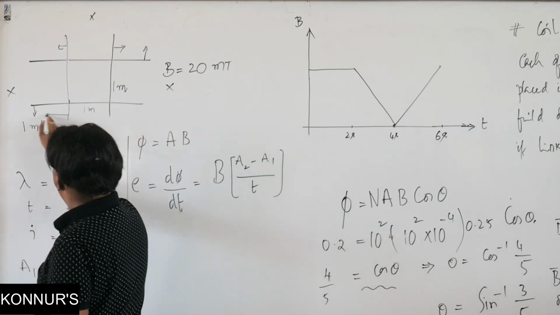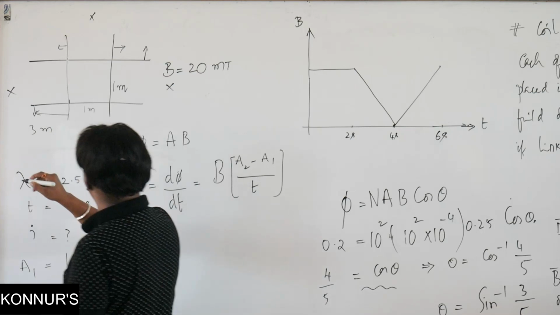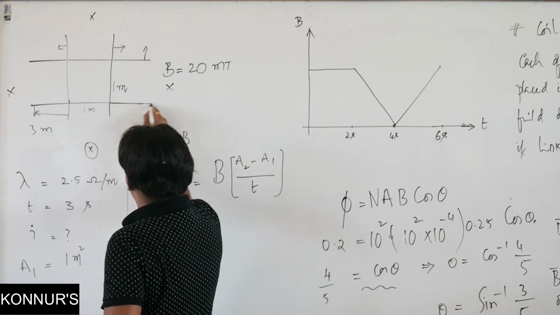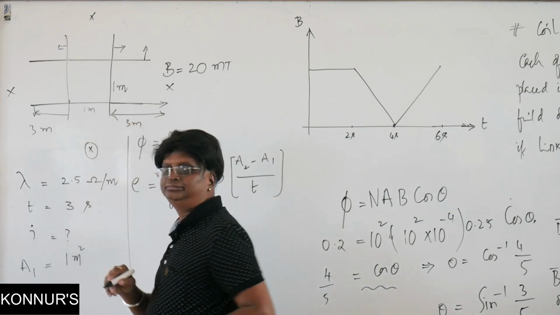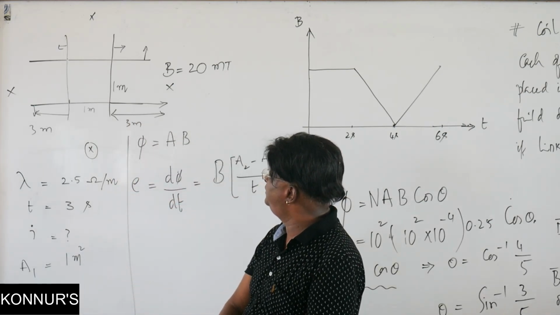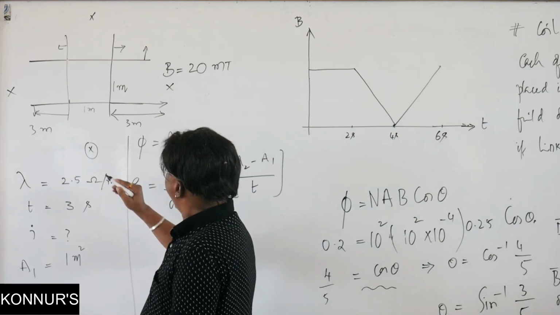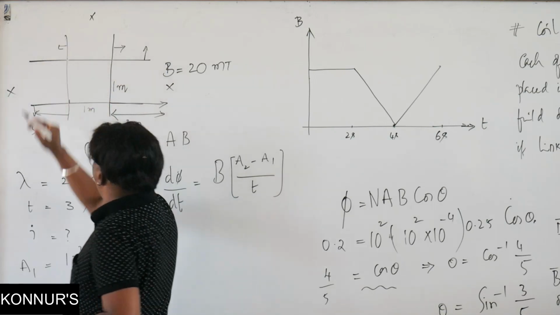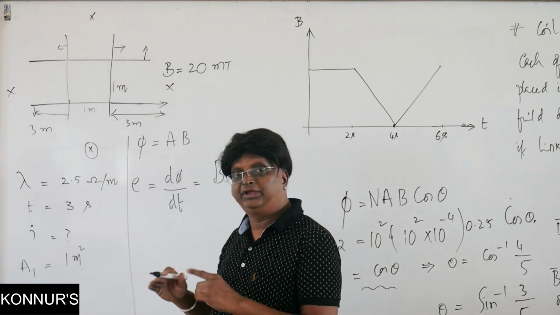So here this is what happens after 3 seconds. This is 3 meters, and here again this is 3 meters. Is it not? 3 meters and 3 meters. Now similarly here also you will have the same. So what will be the final side of each of them?